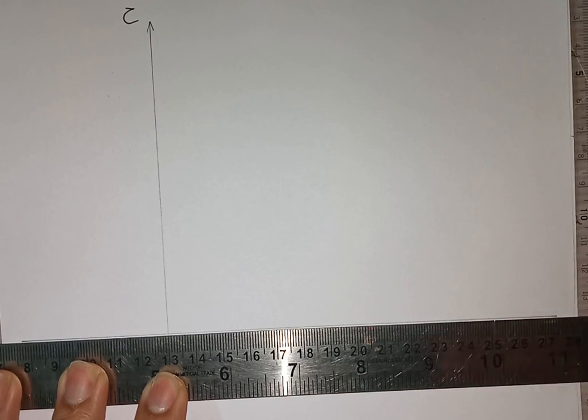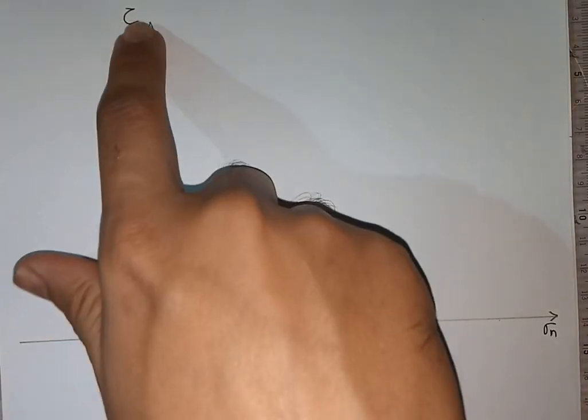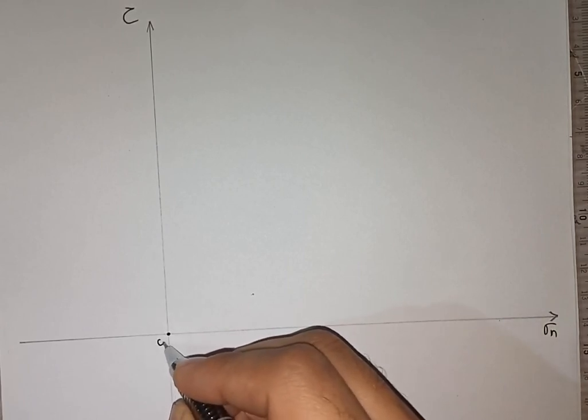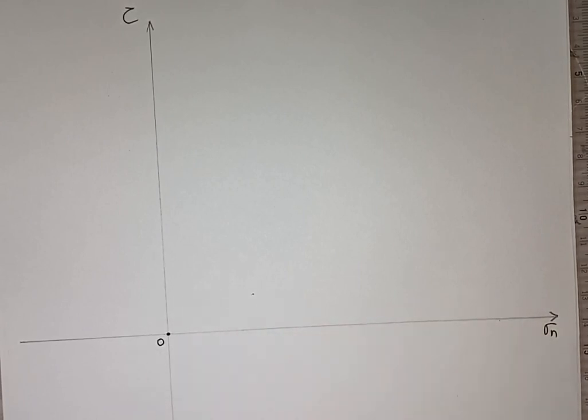And this I call the sigma n axis. So this is the axis which is representing the normal stress. This is the axis which is representing the shear stress. So this I take as point O, which is nothing but the origin.